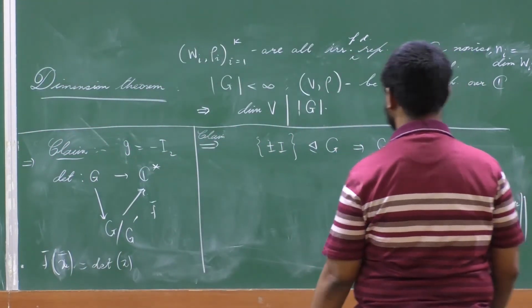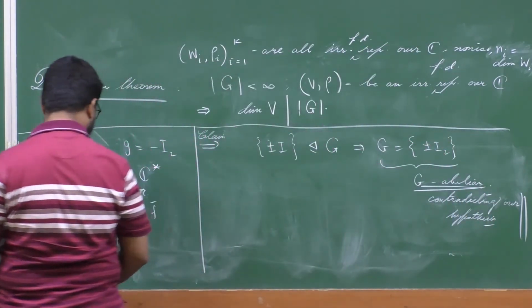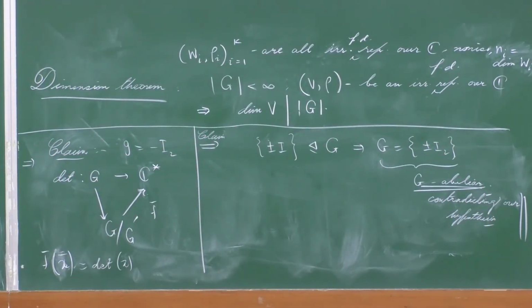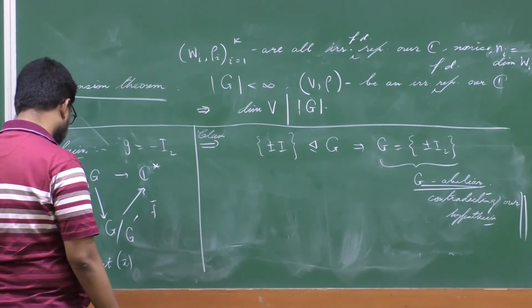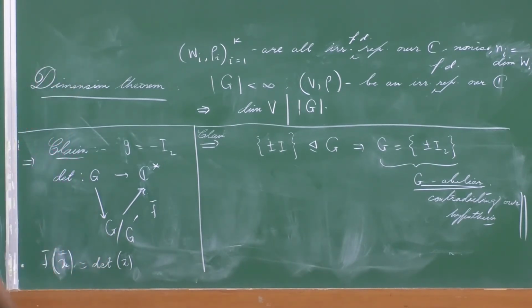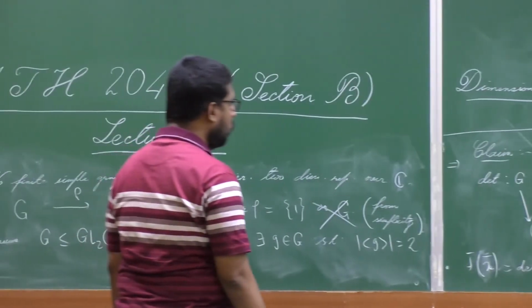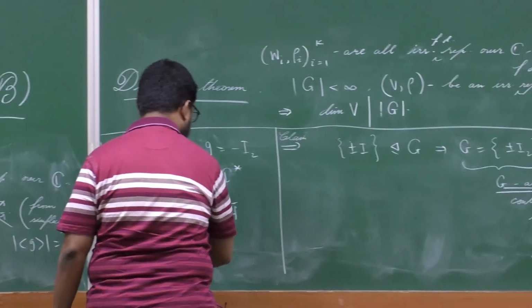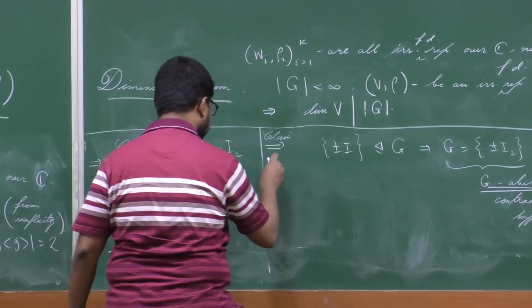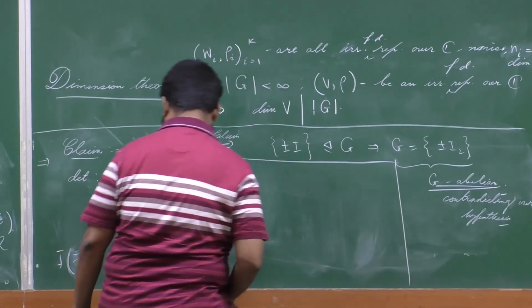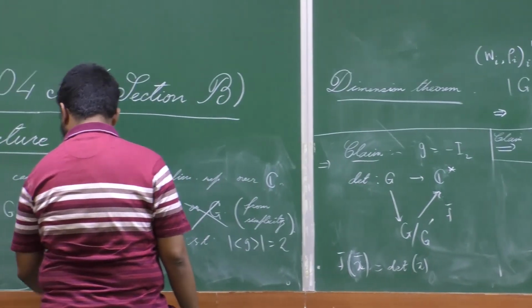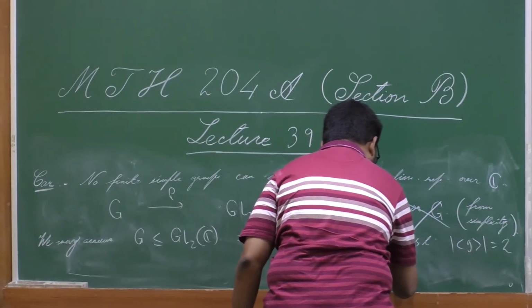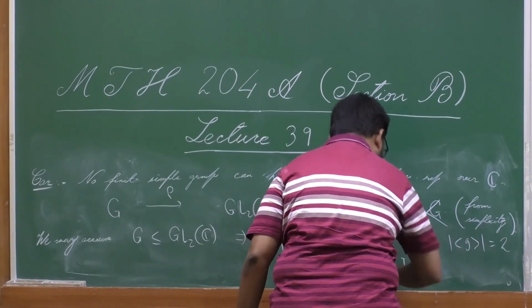What kind of problem can we expect to be here? Our assumption is G has order 2, okay, fine. So try to see this, G has order 2, that means G squared is identity, right.